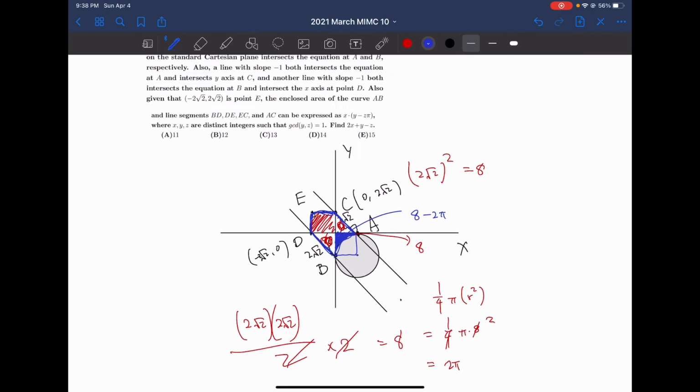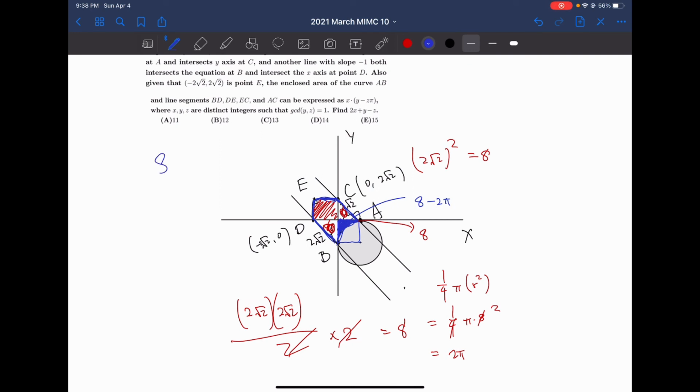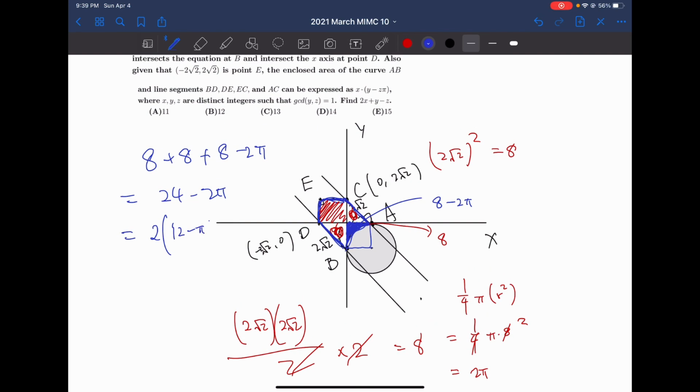Thus, our answer would be 8 plus 8 plus 8 minus 2 pi, or 24 minus 2 pi, and factoring that out would be 2 times (12 minus pi). And don't panic if you see that it is pi, not z pi, because z can be just 1. So x is equal to 2, y is equal to 12, and z is equal to 1.